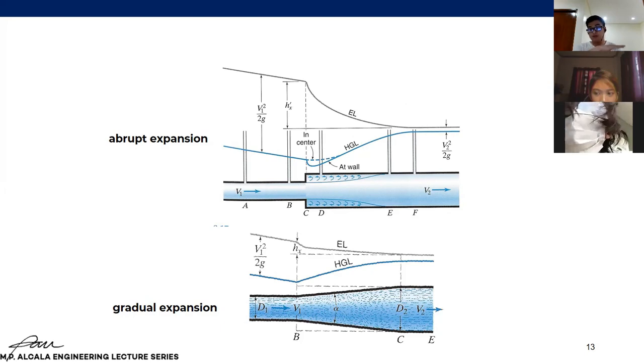Kasi nagmimit eh. Nagmimit sila. Papa-equal, di ba? Lumalapit si hydraulic grade line kay energy grade line. Okay? Ibig sabihin, nagkakalapit yung values nila. Thus, it avoids energy losses, okay, from the gradual expansion.